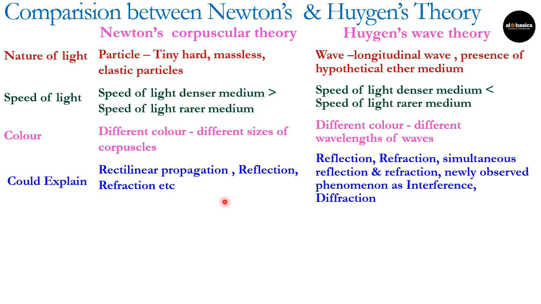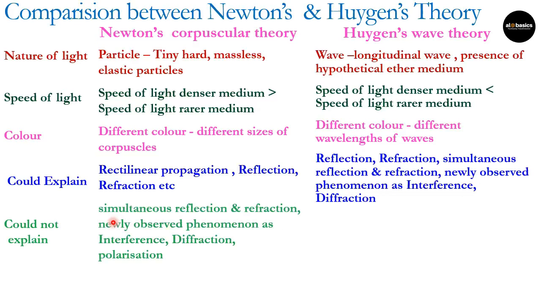This phenomenon of simultaneous reflection and refraction could not be explained by Newton's theory. And newly observed phenomena such as interference and diffraction were also explained by wave theory. What could not be explained by these? Newton could not explain simultaneous reflection and refraction, and newly observed phenomena such as interference, diffraction and polarization.